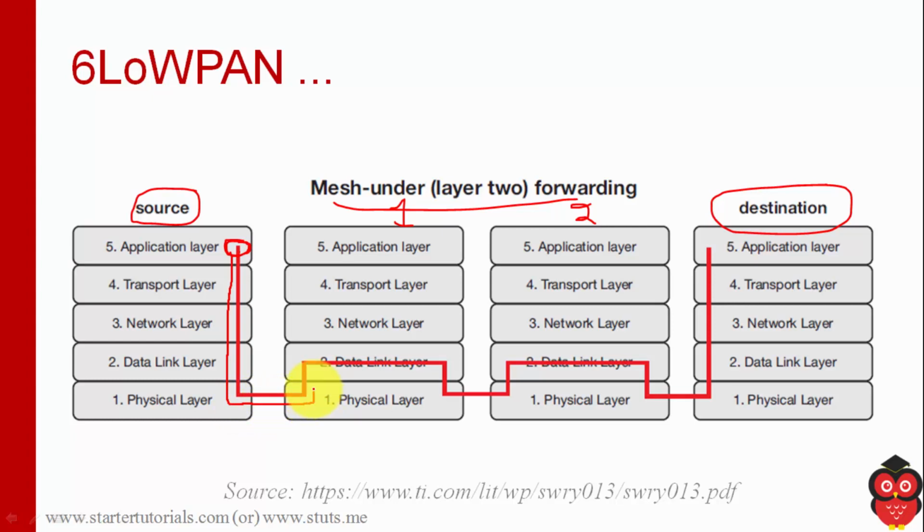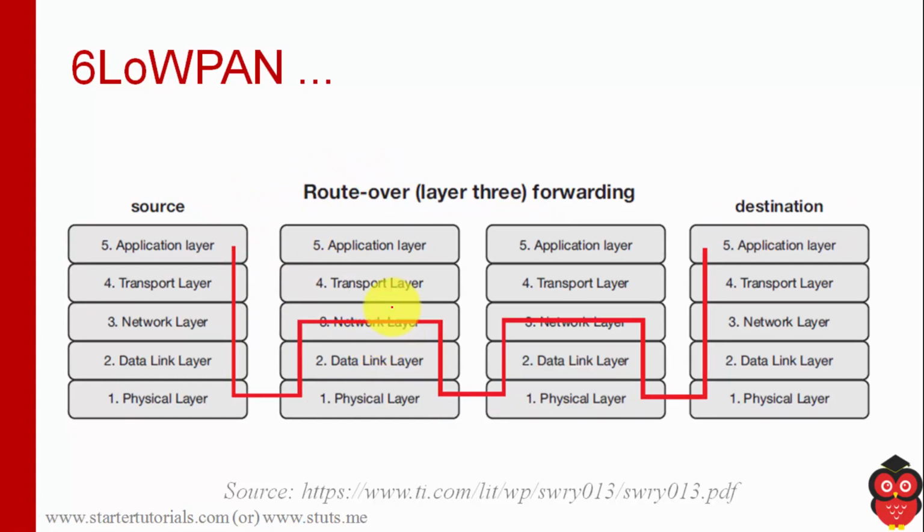On the next device the data is going up to the data link layer and again goes to the second device, again up to the data link layer, and then finally it reaches the destination, and finally the data reaches the application layer in the destination device. So this is layer 2 routing, also called mesh under routing.